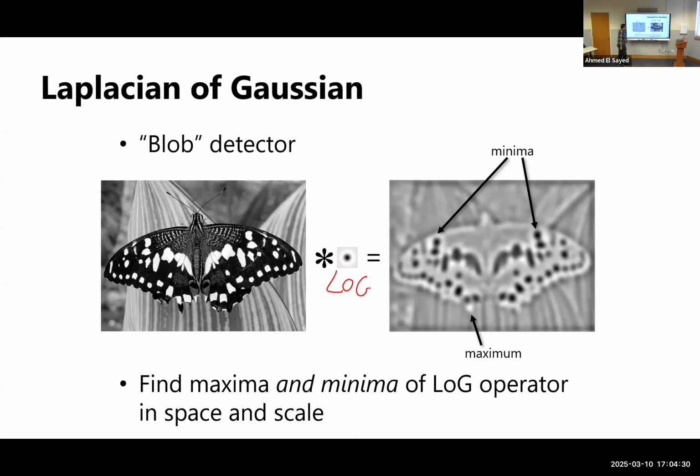If you take a deeper look at this one, you will see that all the blobs become minimums or maximums. So if I apply this Laplacian of Gaussian filter to any image, I can detect the blobs of the image by finding the maximums and the minimums within this output.